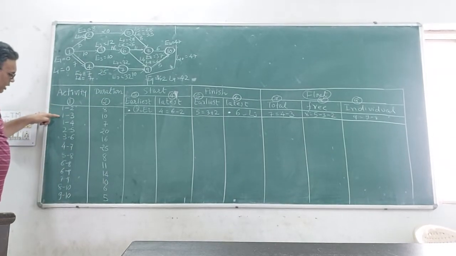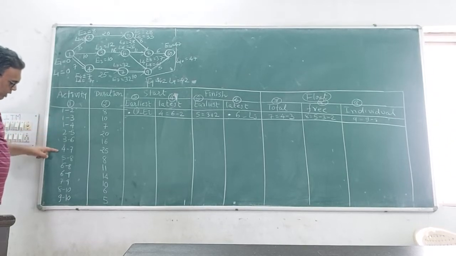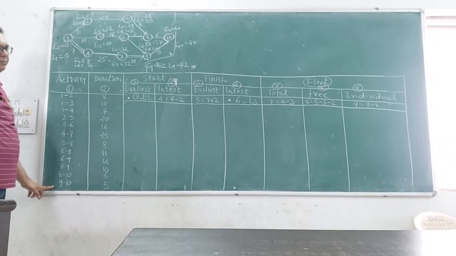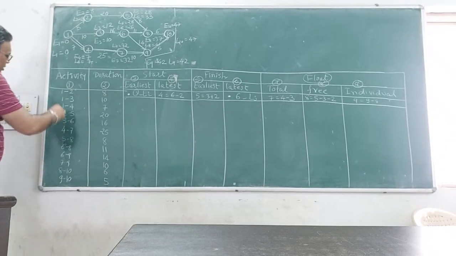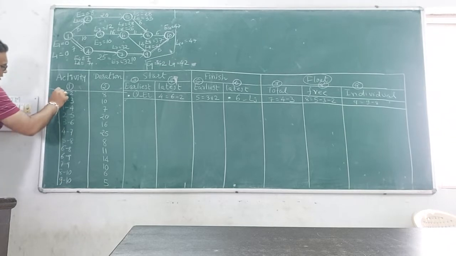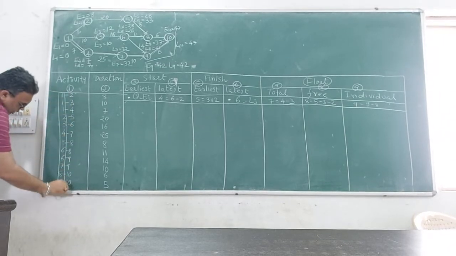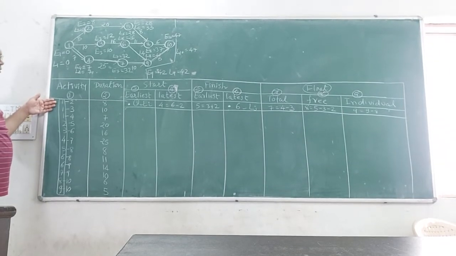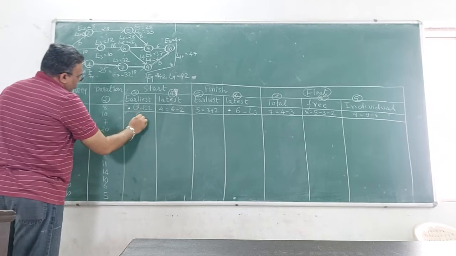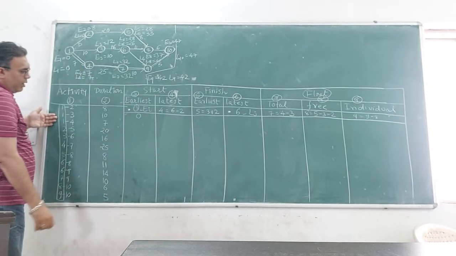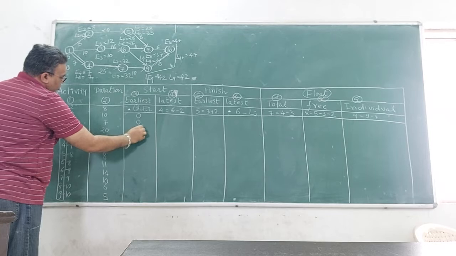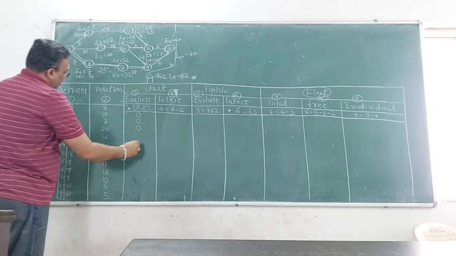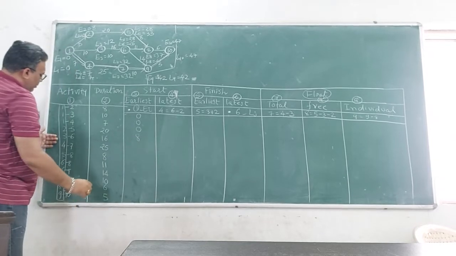Look, E1, E1, E1, E2, E3, E4, E5, E6, E6, E7, E8 and E9. So these are the values which are mentioned on the left hand side with the earliest values. What is the value of E1? 0. So I have to write that over here. E1 again, 0. The third is also 0. E2, 8. E3, 12.